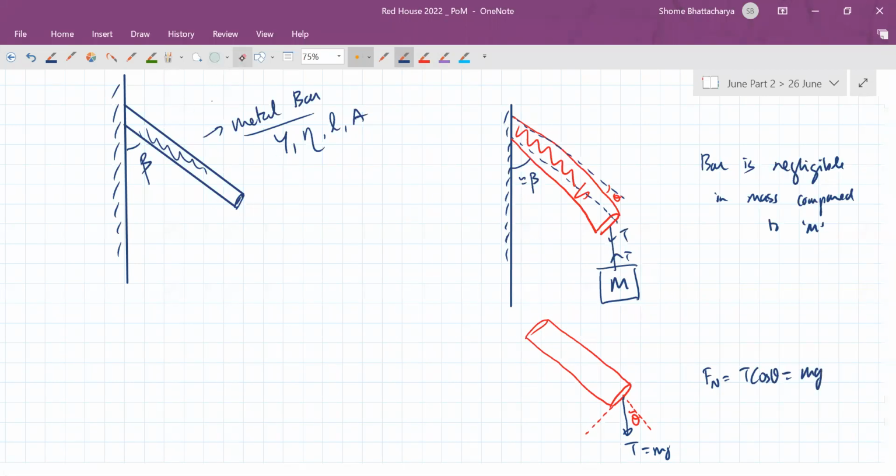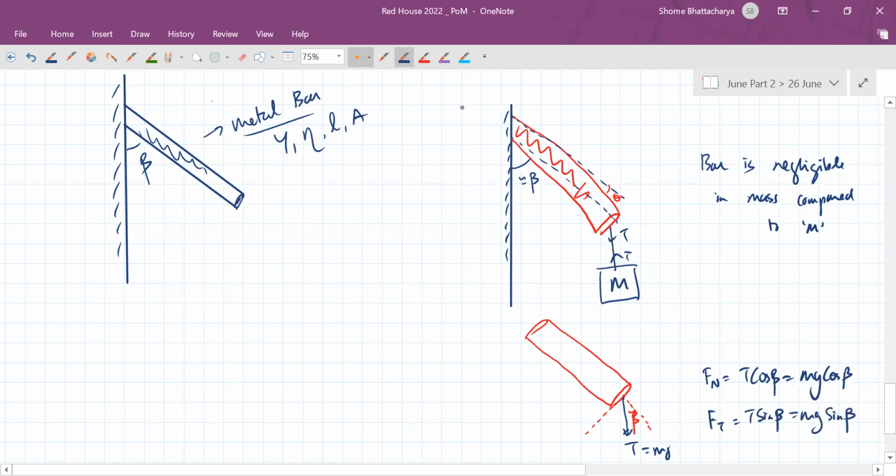So this angle was beta. And the tangential component of force at the surface. So now what we'll see is not only this is bent, but this is also elongated. It becomes L plus delta L.